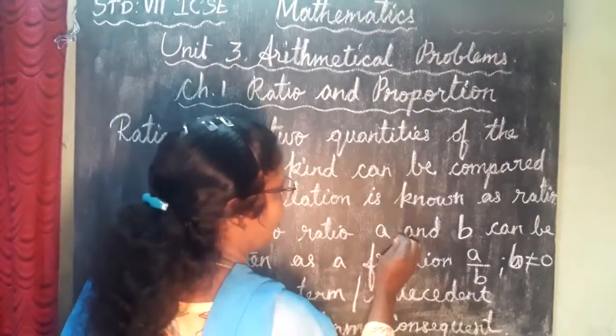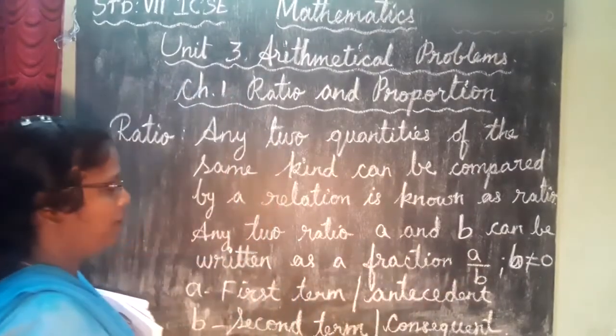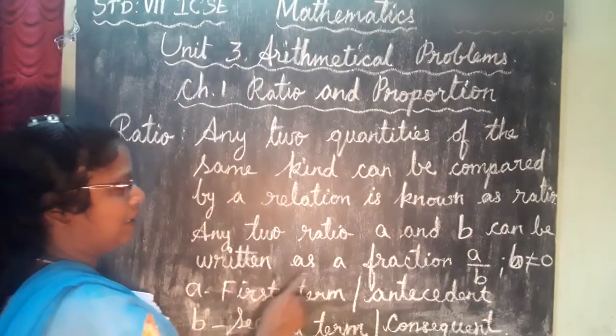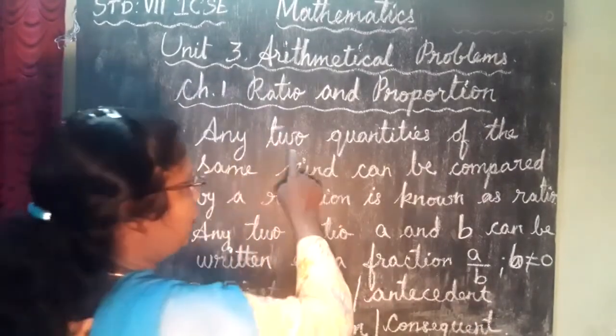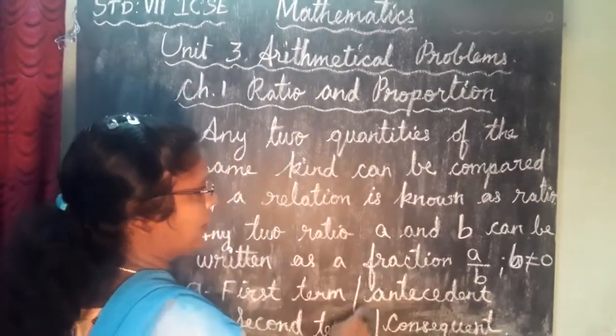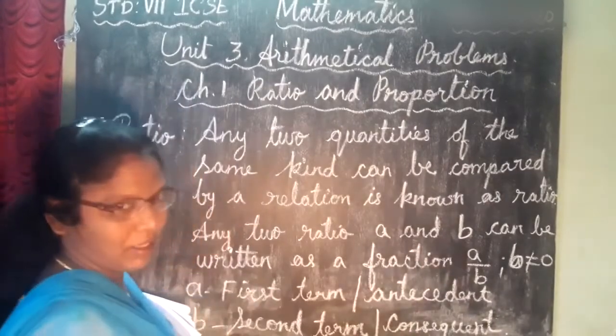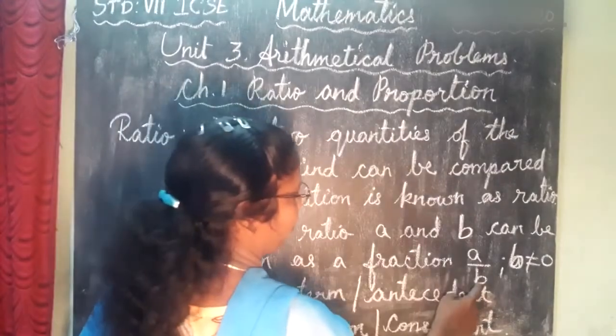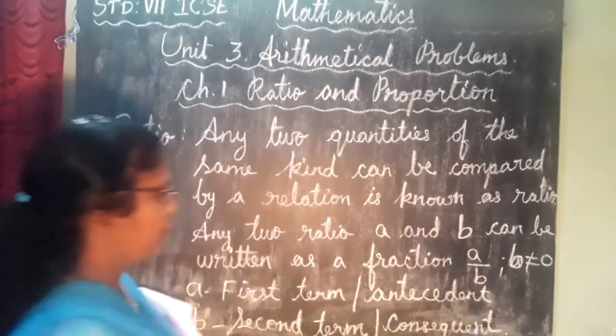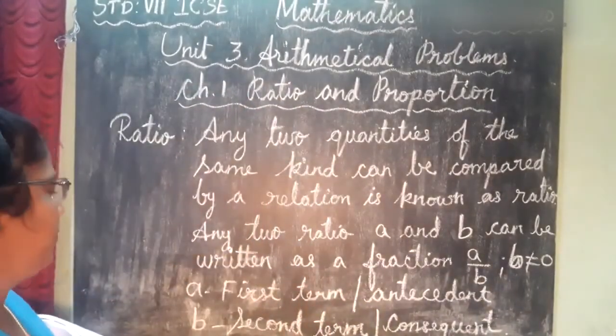A and B. Any two quantities A and B can be compared and written as a fraction A by B, where B is not equal to 0.